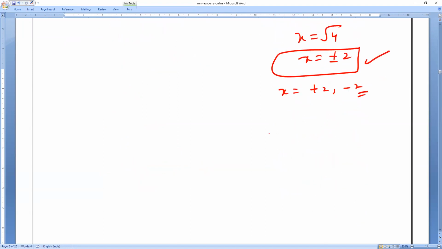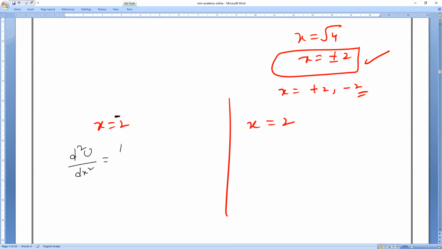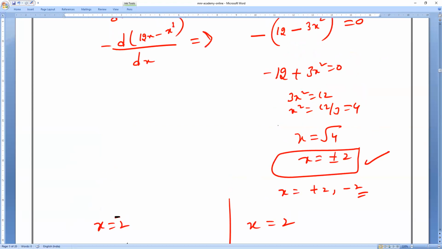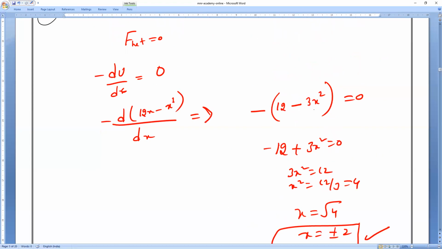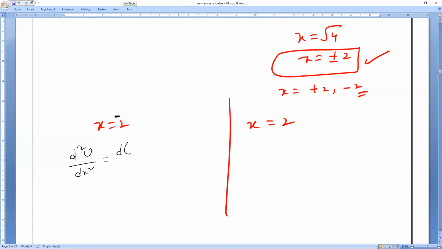Understanding? So let us verify, for x equal to minus 2 and x equal to 2. Which is stable equilibrium, and which is unstable equilibrium? So solve it with the double derivative, d square U divided by dx square. How much will it come? Differentiation of 12 minus 3x square. Am I right, guys?